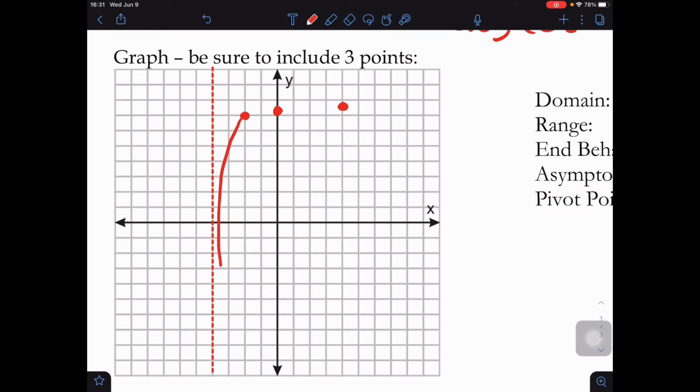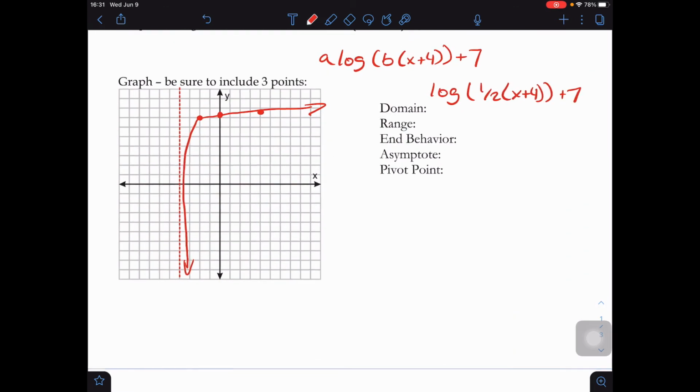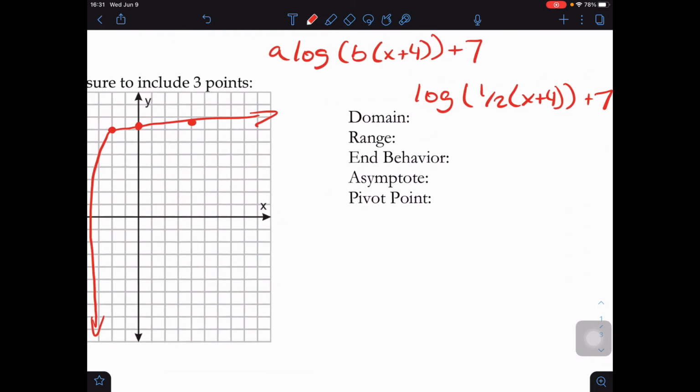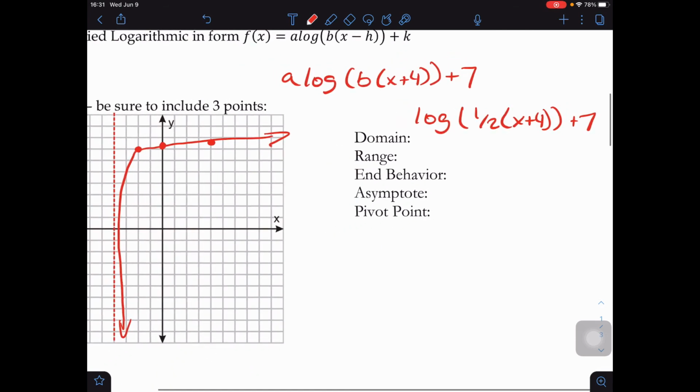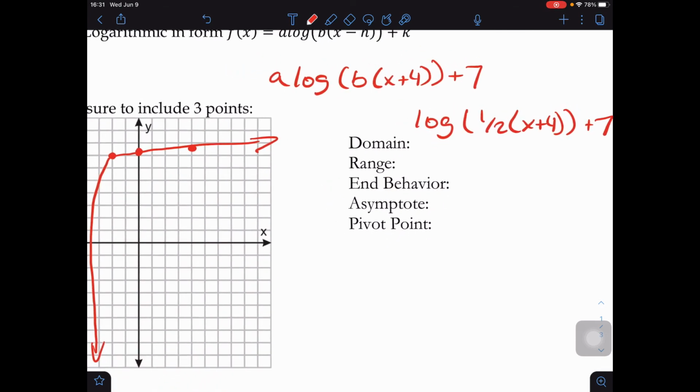So we can just draw it like that. And then it would just go something like that. So as you see, the domain is all real numbers that are greater than -4. So it would look like that.